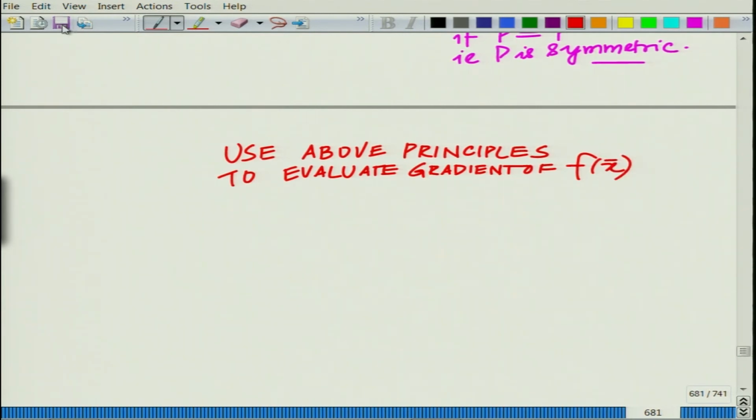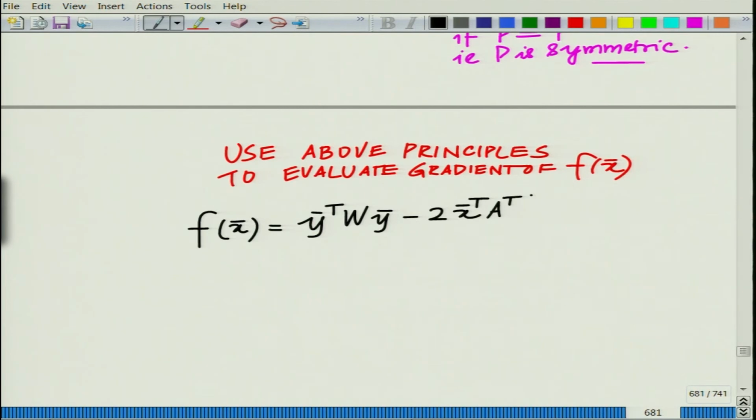Of the f of x bar, which is a weighted least squares cost function. Remember, we have f of x bar equals y bar transpose W y bar minus twice x bar transpose A transpose W y bar plus x bar transpose A transpose W A x bar.